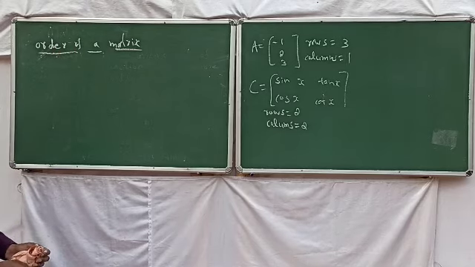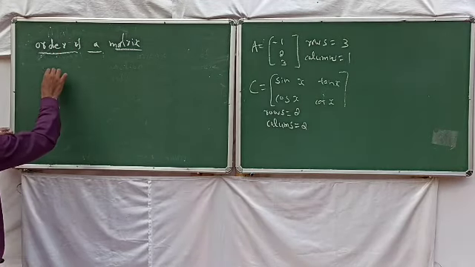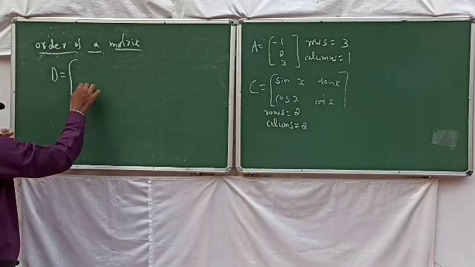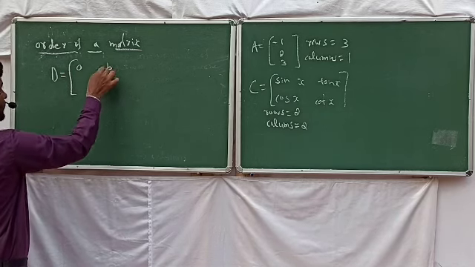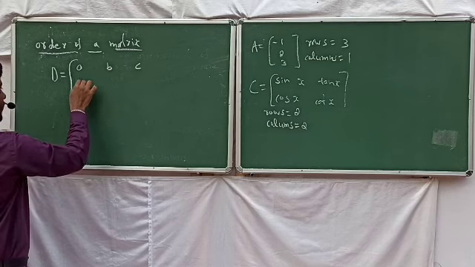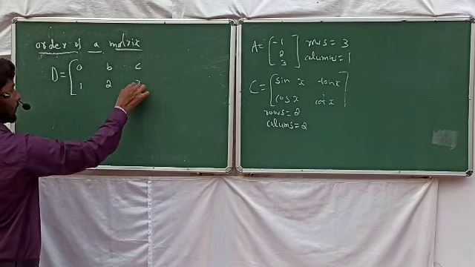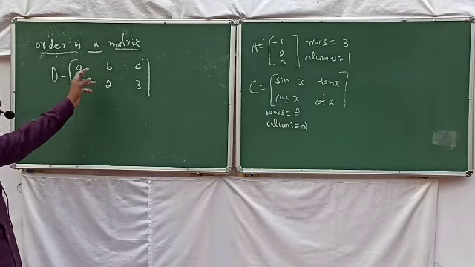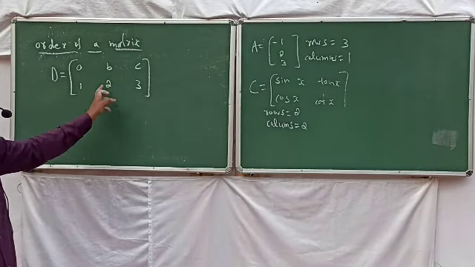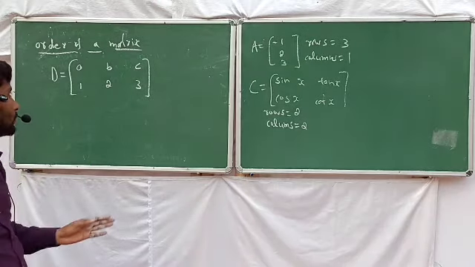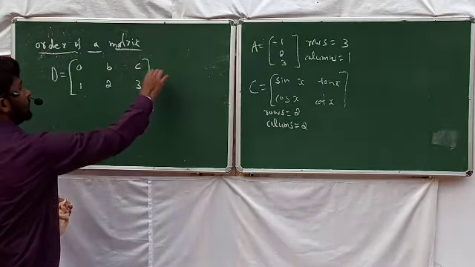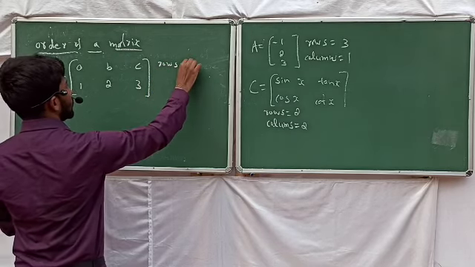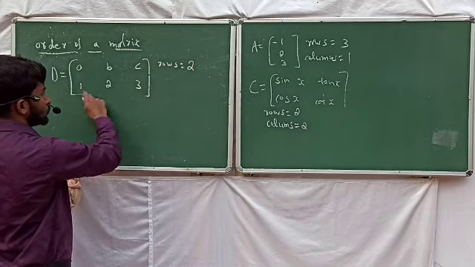Take some matrix. I am taking matrix D is equal to a, b, c and 1, 2, 3. It's one matrix. What are the elements of matrix D? a, b, c, 1, 2, 3 are the elements of the matrix D. Here write number of rows is equal to 2, because there are 2 horizontal lines.